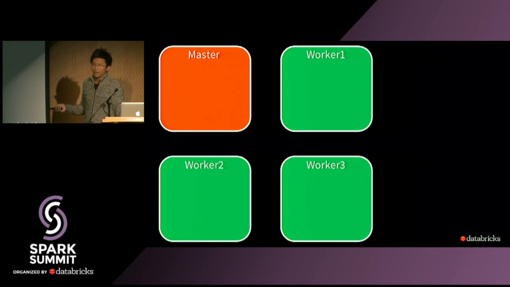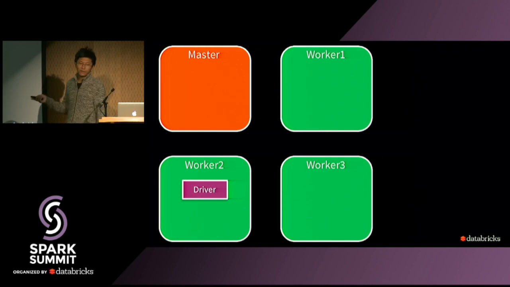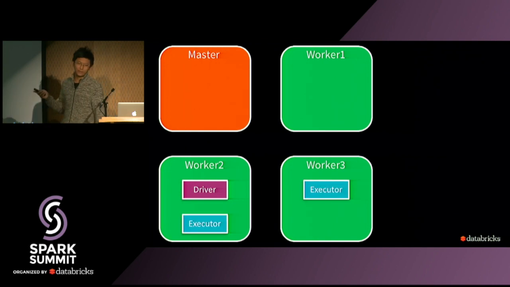If a user writes a Spark program and submits the application to Spark, it will launch a Java process in the cluster on any node, and then the master will assign several executors for this Java process. This one Java process and several executors are the unit to run your Spark jobs.